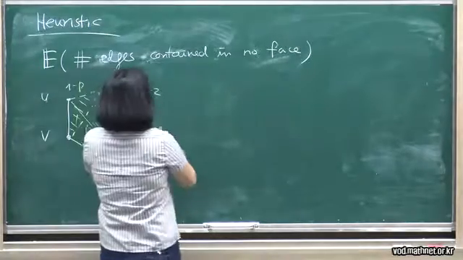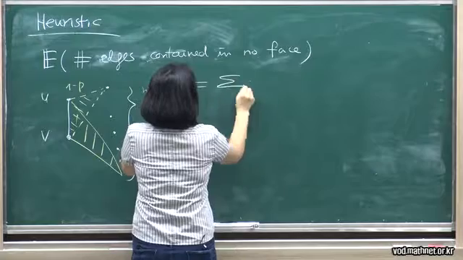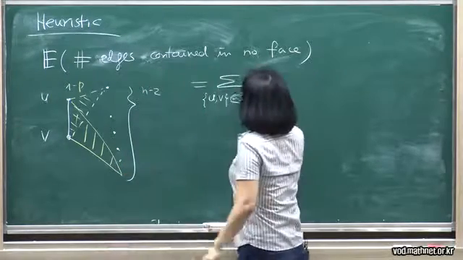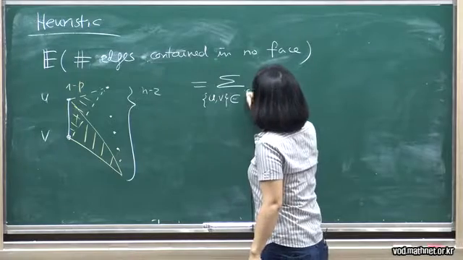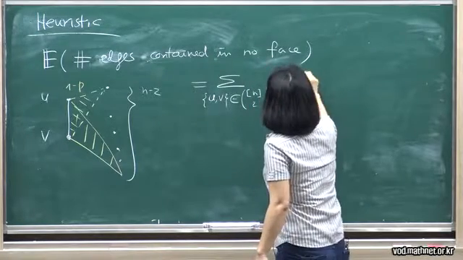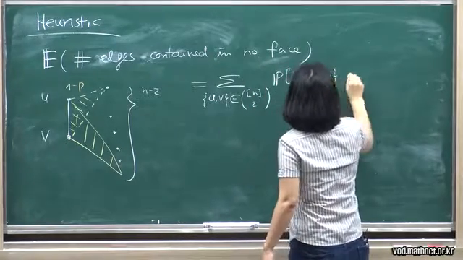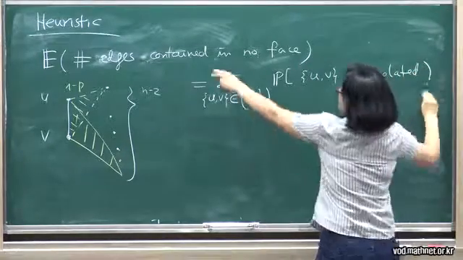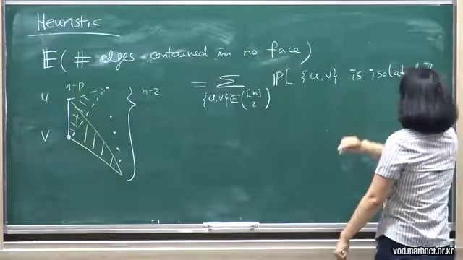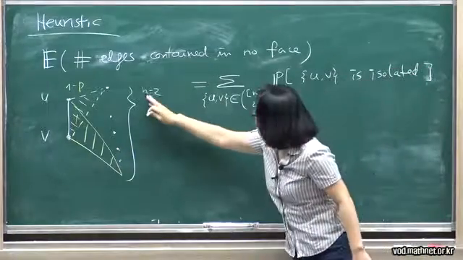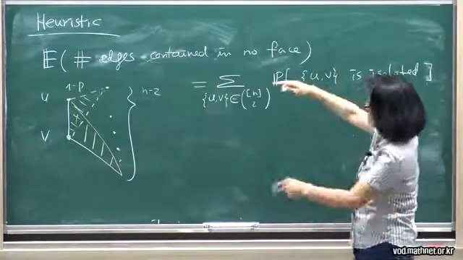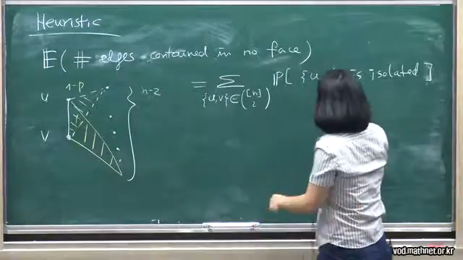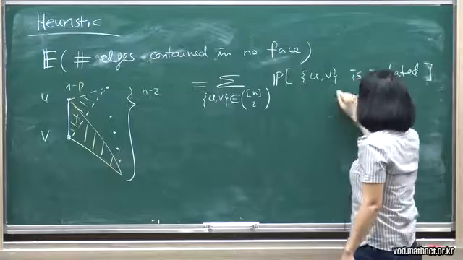So using linearity of expectation once again, for pairs uv from the 2-element subsets, the probability that uv is isolated, meaning it is contained in no face, is that I have potentially n-2 vertices which together with u and v might form a face, but it doesn't happen with probability 1 minus p, independently.